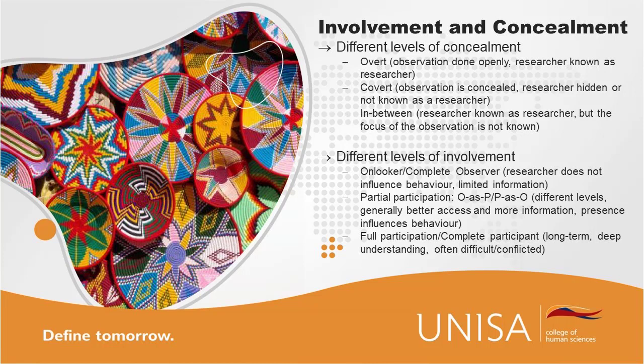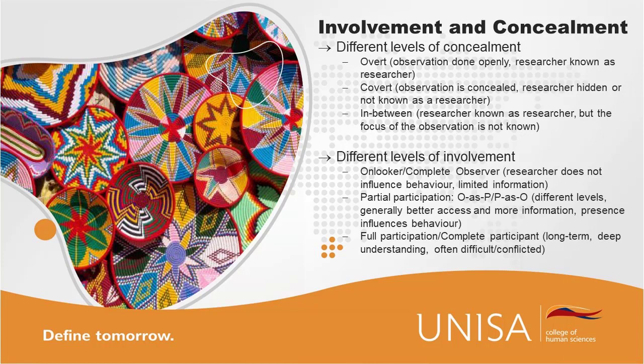Usually partial participation is overt, meaning people know of the presence of the researcher, and they know to what extent the researcher is part of the group or is an outsider to the group. It could also be that some aspects of the observation are overt and other aspects covert.